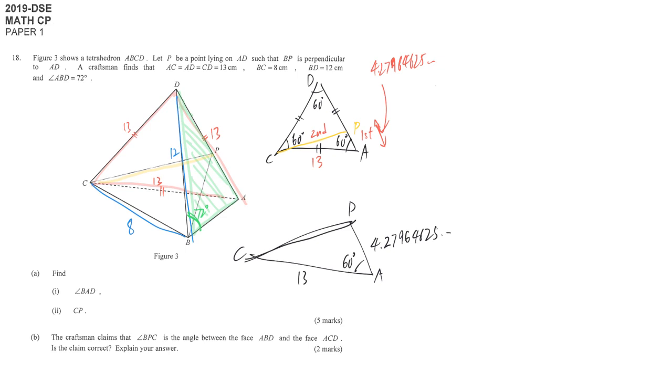We use the cosine formula. C squared is equal to A squared plus B squared minus 2AB cosine angle C. C squared, that means CP squared here.